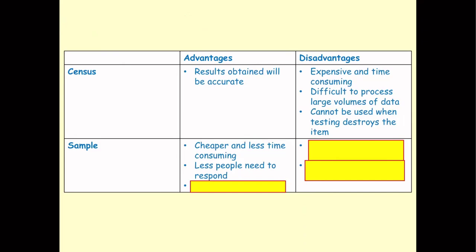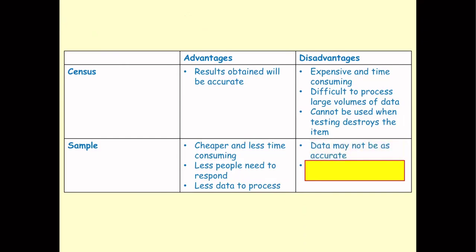The advantage of a sample is that if someone opts out, we just move on to somebody else and we will still have the number of people in our sample. We have less data to process, so it's more straightforward and less complex.